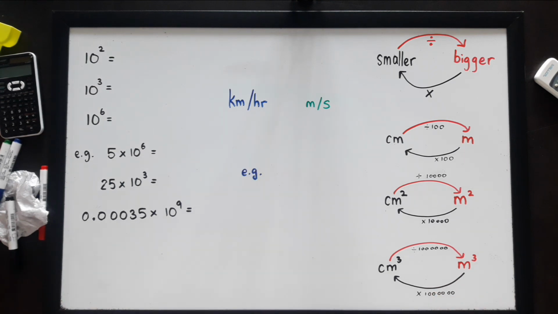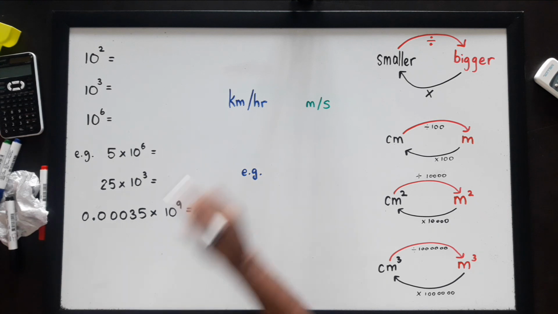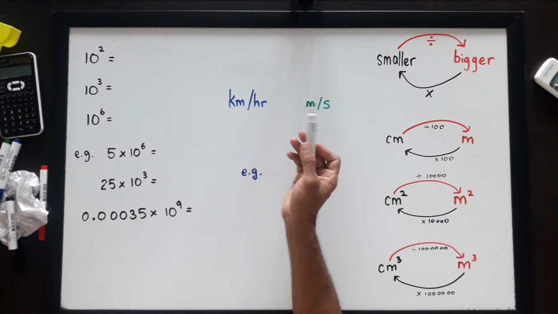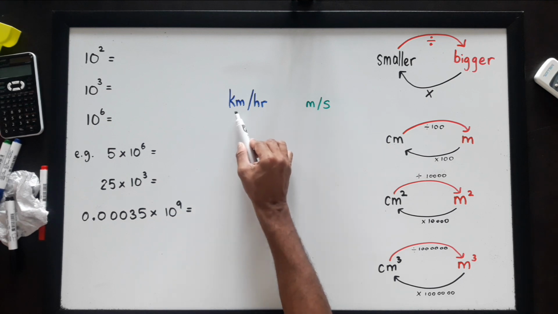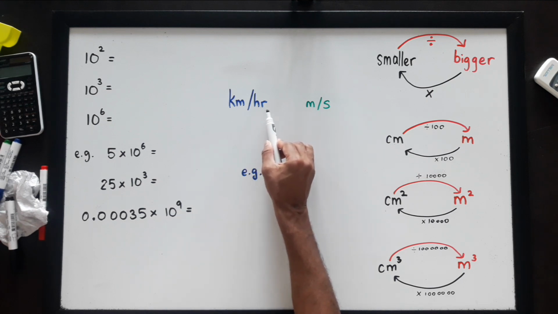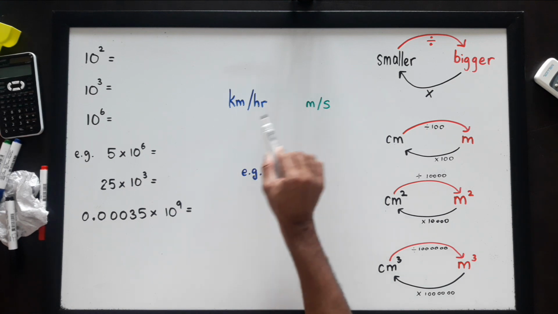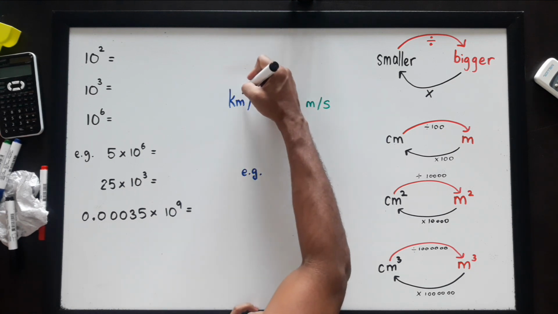So let's do another popular conversion on the CXC syllabus. When you're measuring velocity or speed, there are two units you usually encounter: kilometers per hour and meters per second. Both of them can be used to measure speed or velocity.